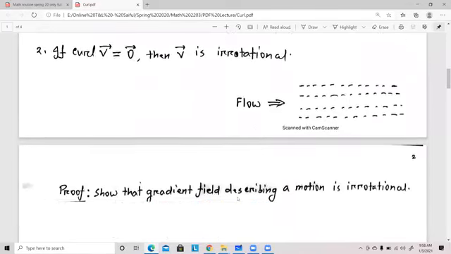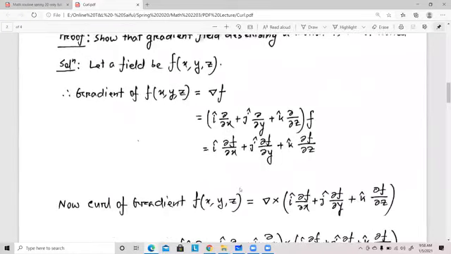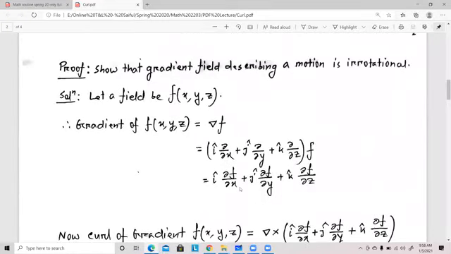And here there is a proof: we have to show that the gradient field describing a motion is irrotational. If a rotational or irrotational question comes, what do we have to do?